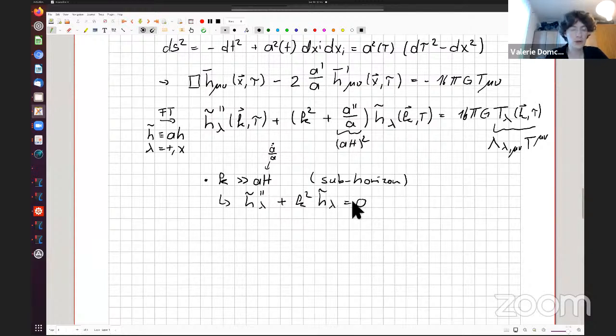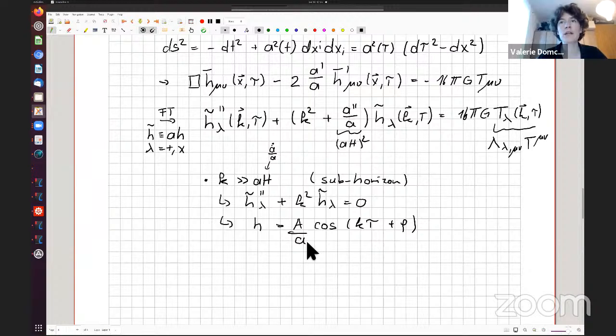This is the usual wave equation, solved by something like a cosine of k tau plus some phase. But we were not interested in h tilde, but in the original fluctuation h, so we have to divide by one power of the scale factor. So for sub-horizon scales, the amplitude decays as one over the scale factor. This is exactly the same as it is for photons.